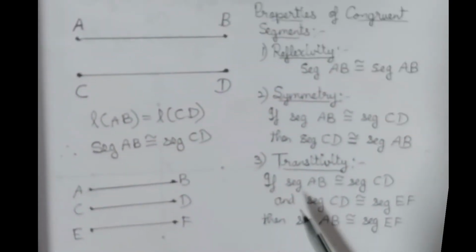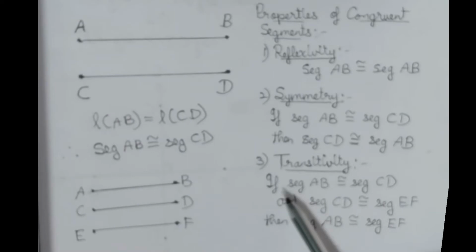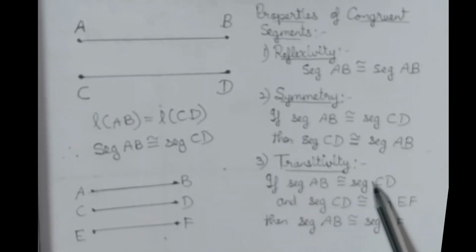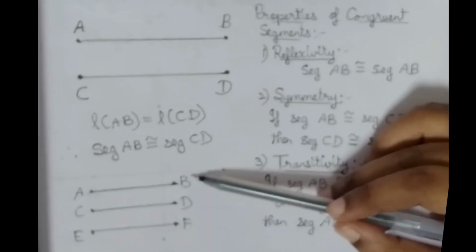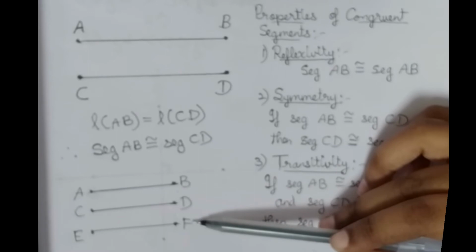Now the third property is transitivity. If segment AB is congruent to segment CD and segment CD is congruent to segment EF, then segment AB is congruent to segment EF. Here there are three segments, segment AB, segment CD, segment EF.